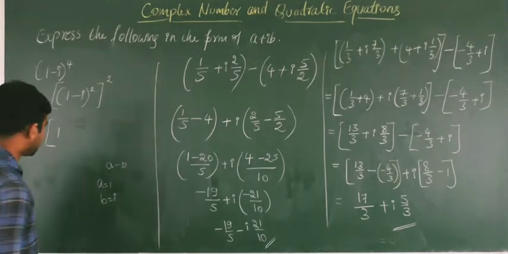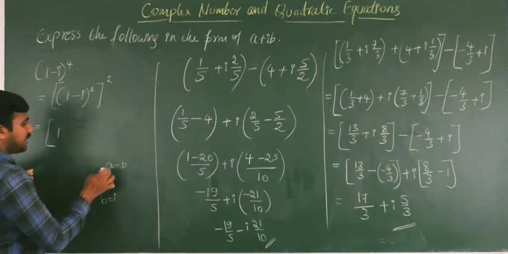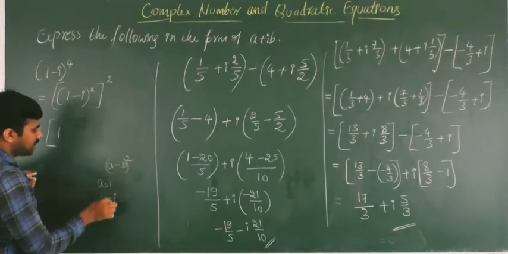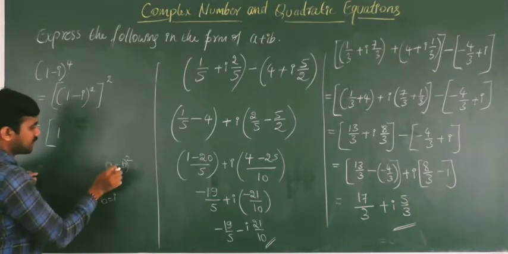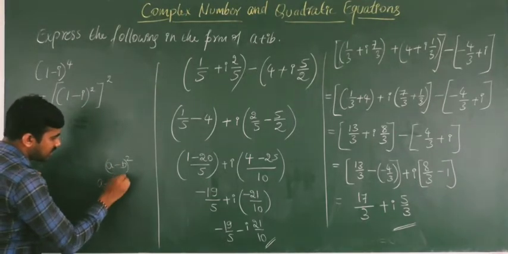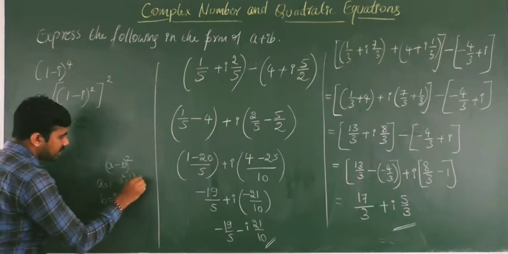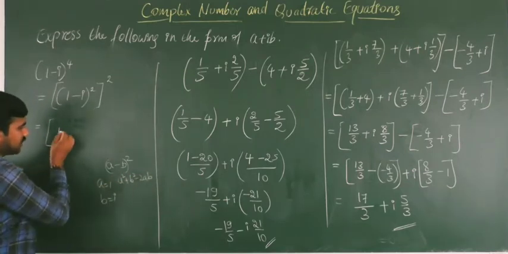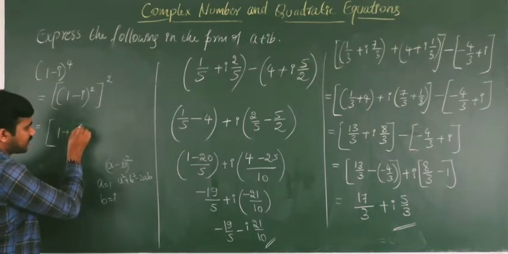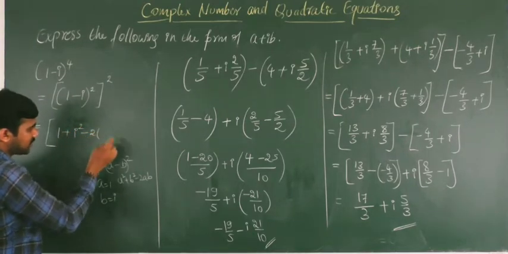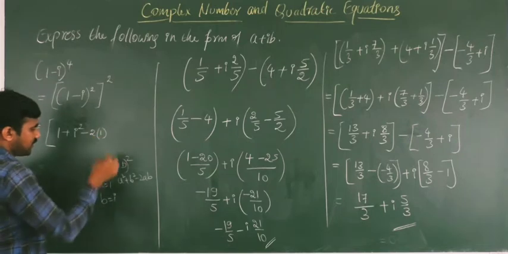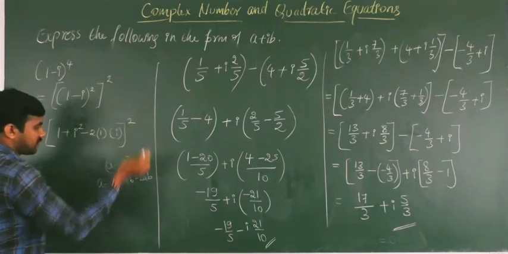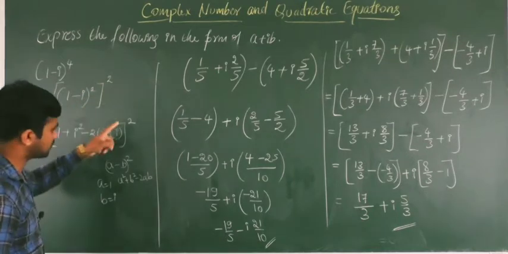So see here, a minus b whole square, a is nothing but 1, b is nothing but I, and the sign is minus. So a square plus b square minus 2ab, what will we get? 1 square, plus I square, minus 2 into 1 into I, whole square as it is.